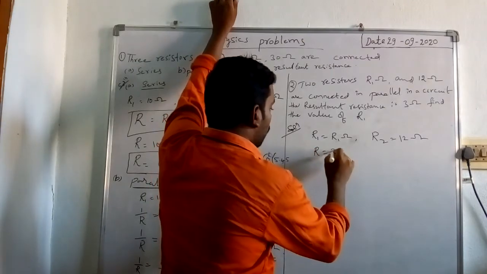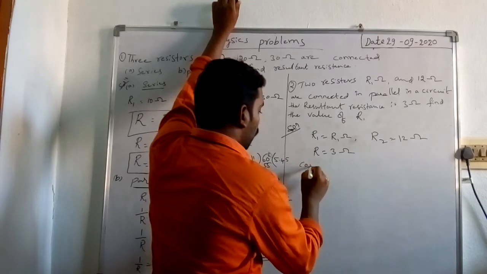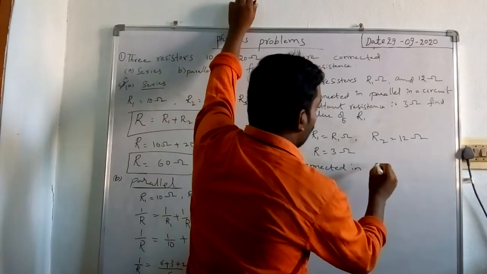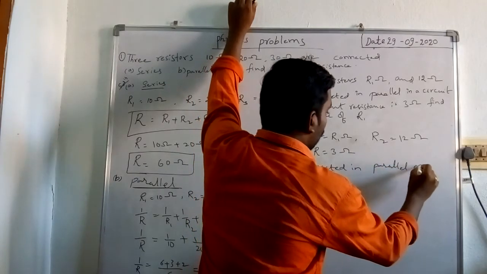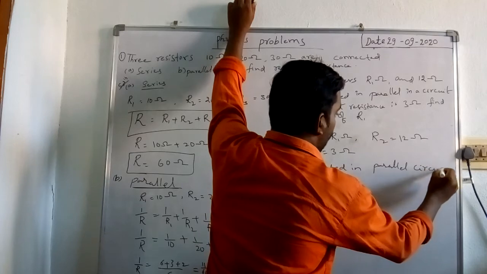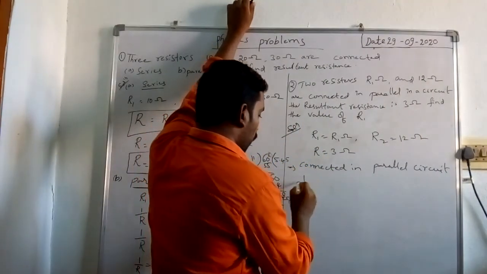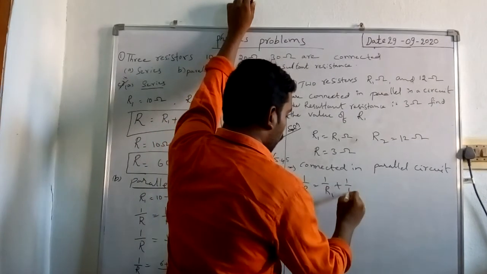Next, R you are given 3 ohms. What is the formula? Connected in parallel circuit, 1 by R equal to 1 by R1 plus 1 by R2.